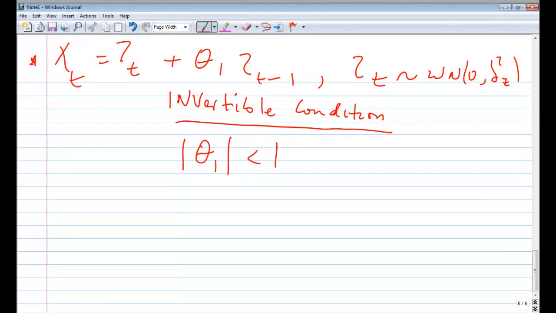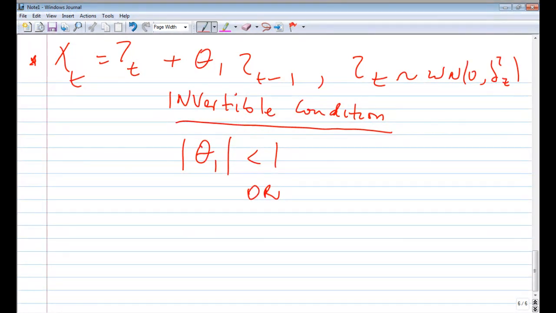Okay. If you don't want to use that condition to check whether that process is invertible, you can use this other method here. Before you use that method, you have to write your process in backshift operator. Still remember what a backshift operator is. So you write that process xt equal to zt plus theta 1 zt minus 1 in backshift operator.